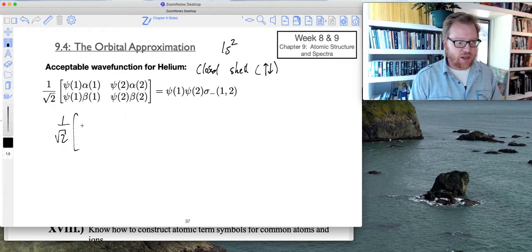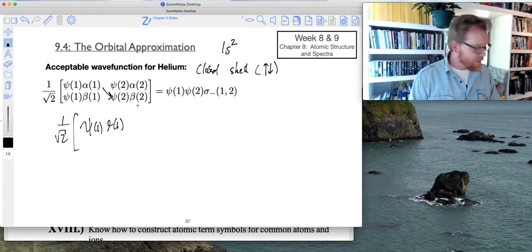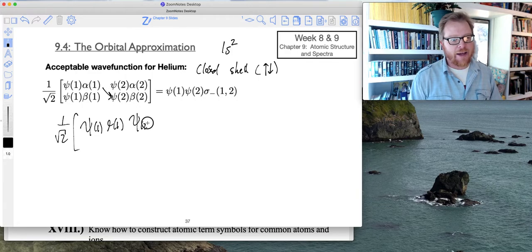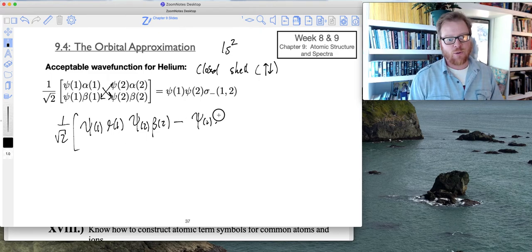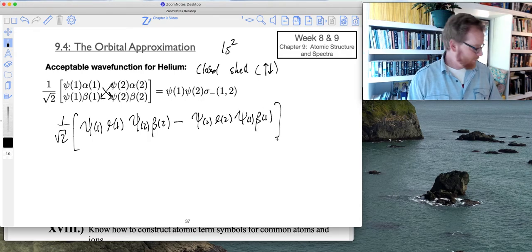So that's going to go as psi 1 alpha 1 times psi 2 beta 2, and then minus the other diagonal, which is psi 2 alpha 2 times psi 1 beta 1.